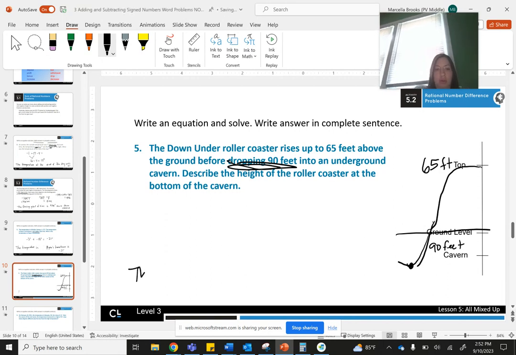So the roller coaster is at negative 90 feet at the bottom of the cavern.